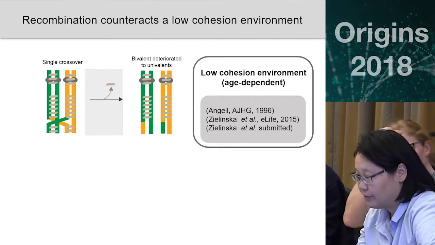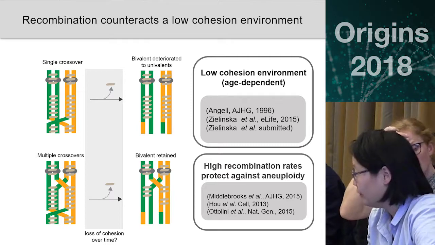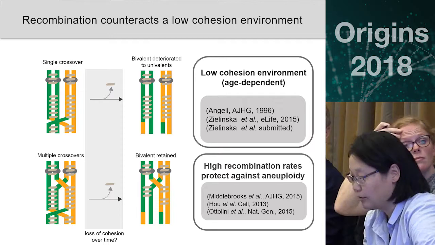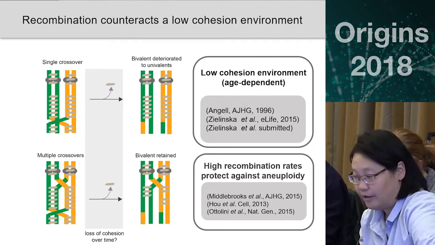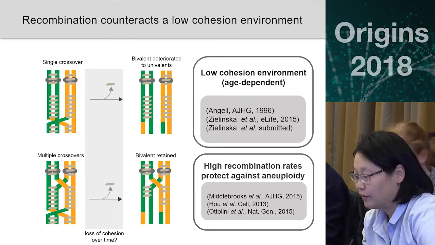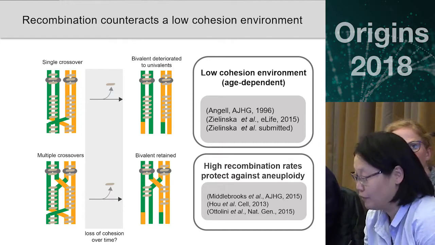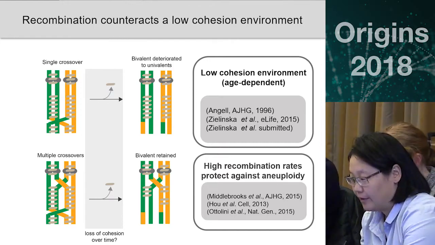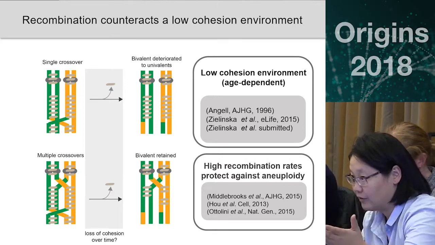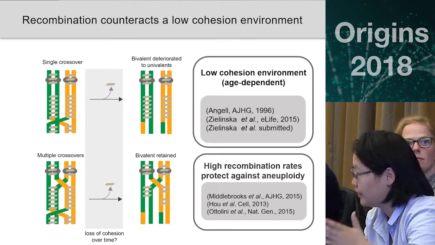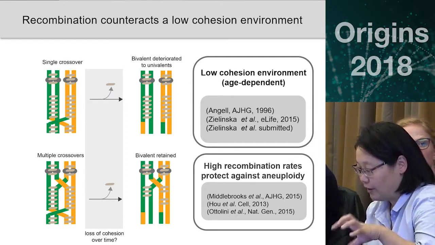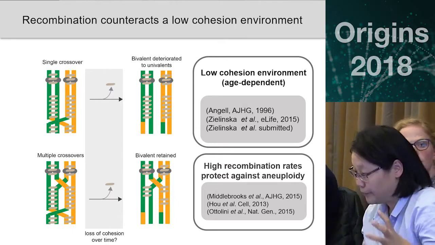The thought is that if you have high recombination rates, it should be protective against aneuploidy, particularly in women of advanced maternal age, perhaps generally as well. Of course, we don't know what the cohesion loss is over time, whether it's the same in every egg. But I think Stephanie showed that when you look in the Down syndrome population and compare recombination rates in a Down syndrome person to their siblings, they have lower recombination rates genome-wide.